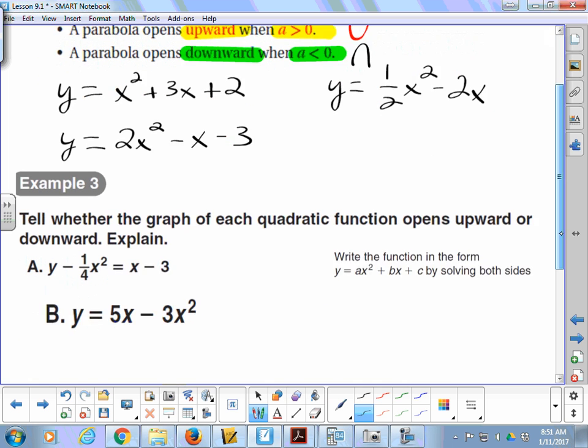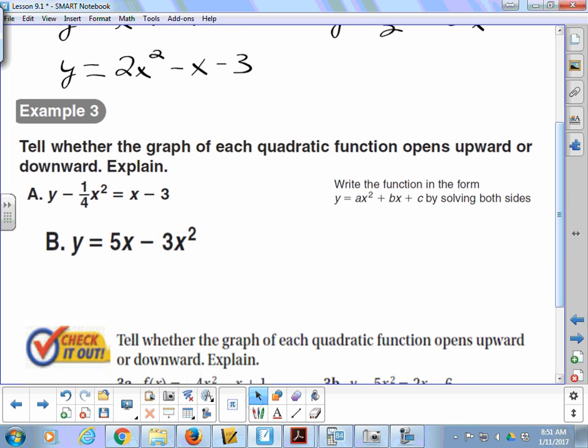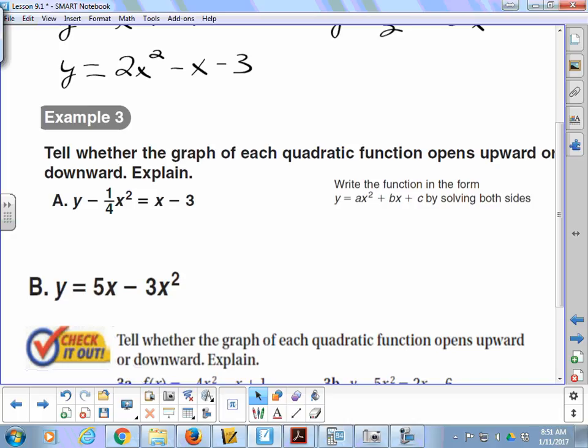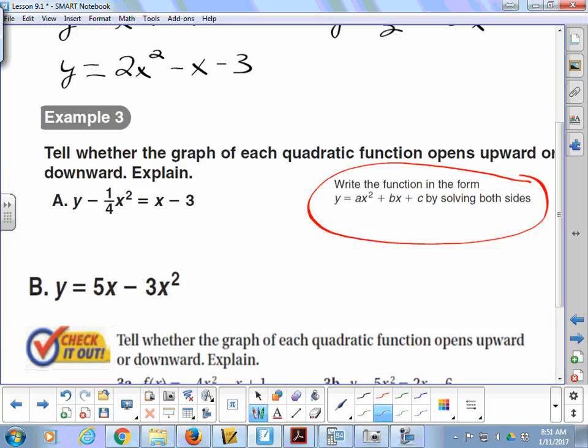Okay. So what do we want? We're looking for a being positive. So we want to make sure that it's in this form: y equals ax squared plus bx plus c.